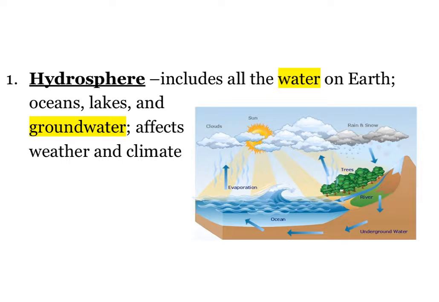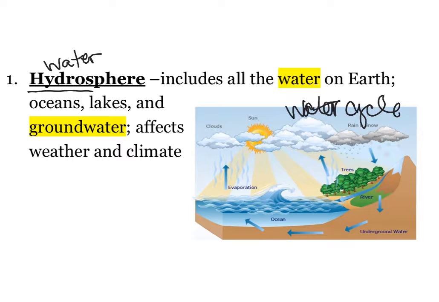This image here is also called the water cycle. You've probably learned about the water cycle in middle school, and hydro means water. That root word hydro means water, and that refers to the water cycle.